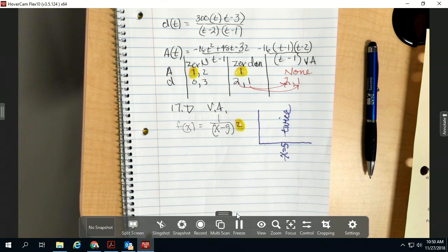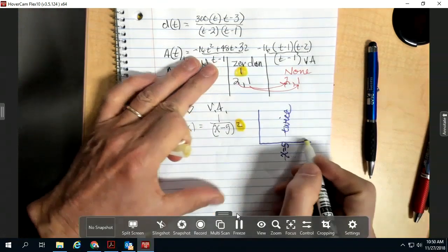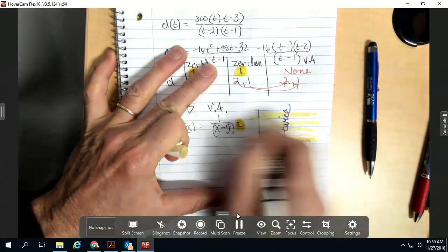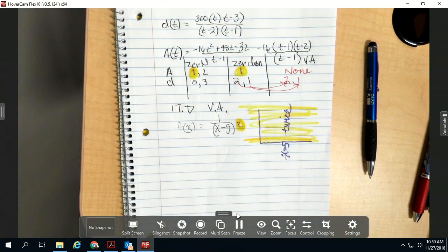What's a positive number divided by a positive number? It's always going to be a positive number. So on our graph, we automatically know our answer is going to be up here someplace. It can't be below.